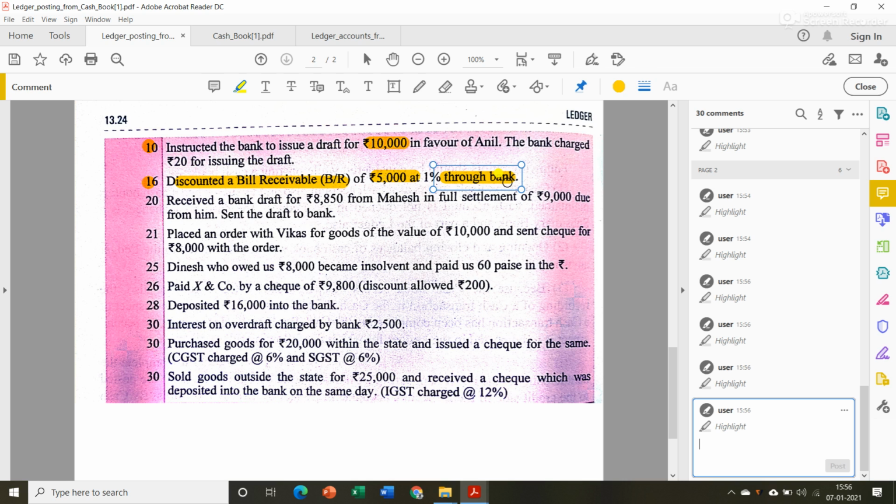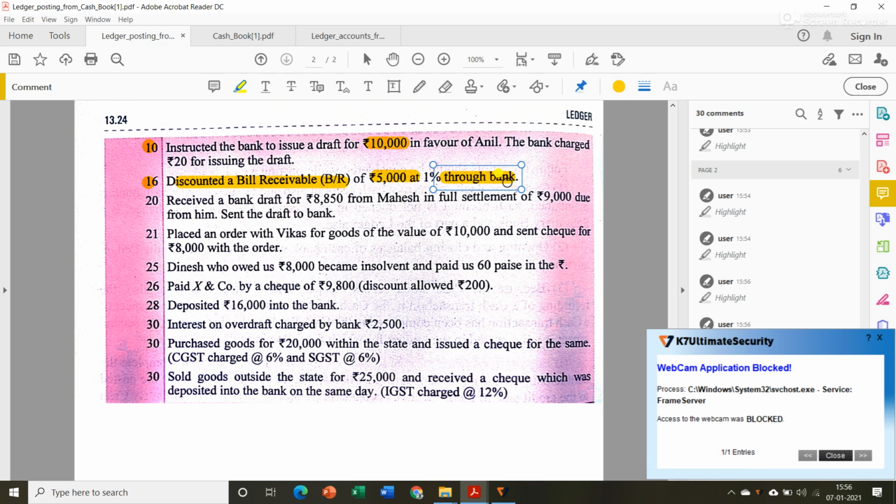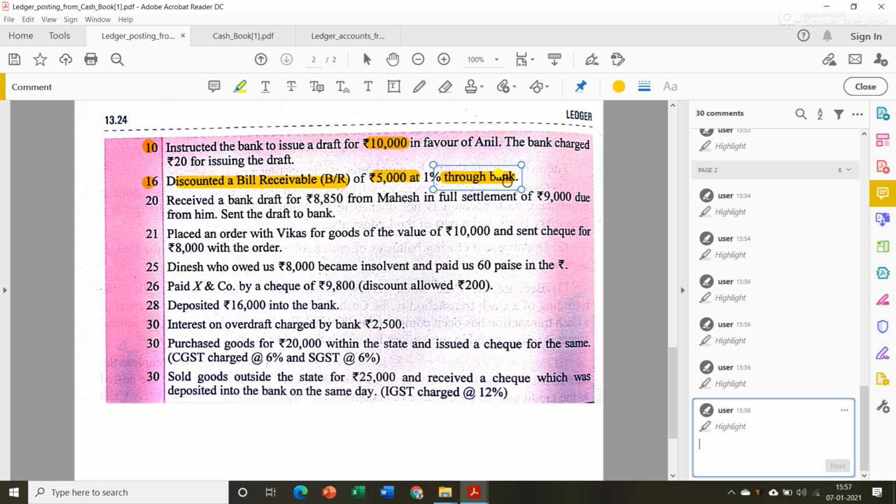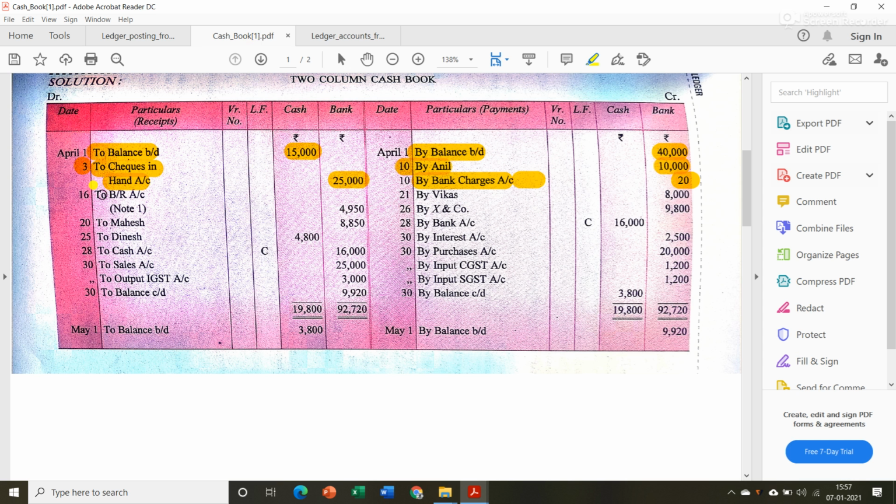It will be 50 rupees, and after deducting 50 rupees they gave us 4,950 as cash. Since we are receiving 4,950 as cash, we have to record it in our cash book. So in here we will write to bill receivable account 4,950.